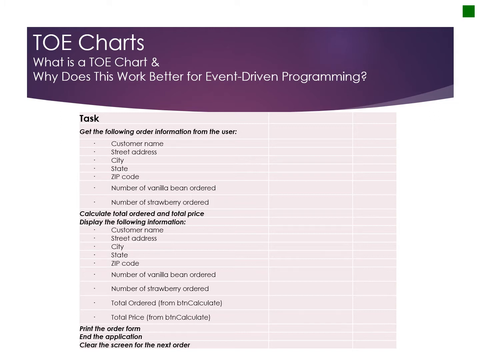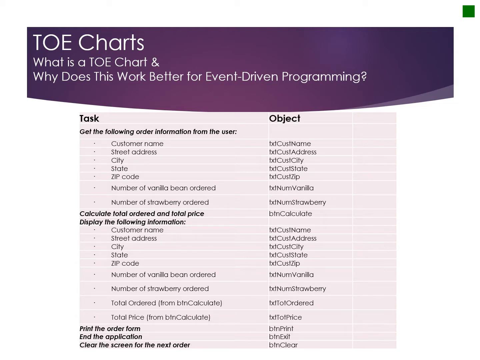We also note the other actions the user can initiate, such as printing the order, ending the application, or clearing the screen for the next order. With the tasks identified, we'll then map each task to an appropriate object type and give the object an appropriate name.